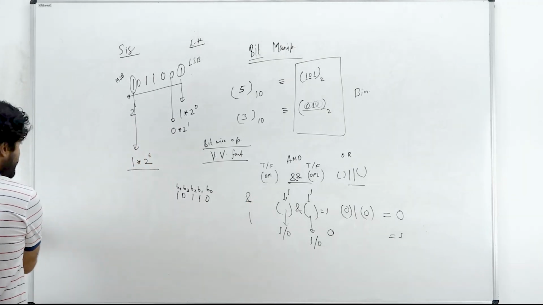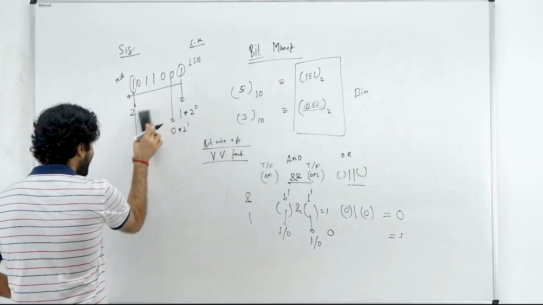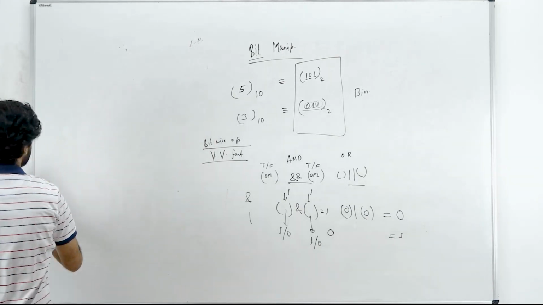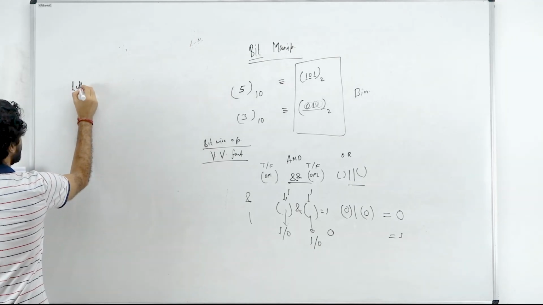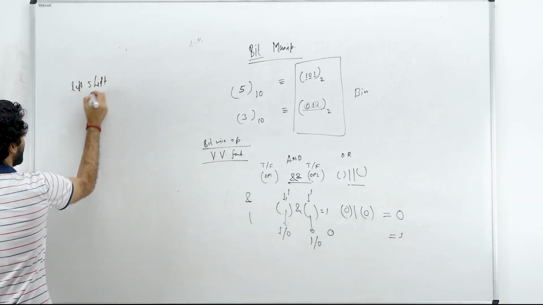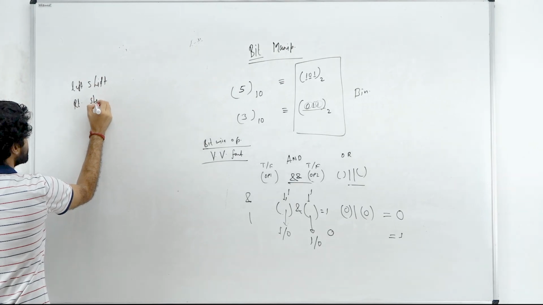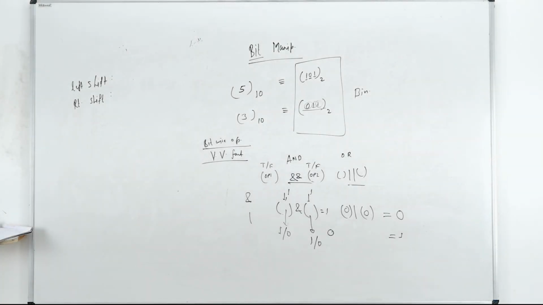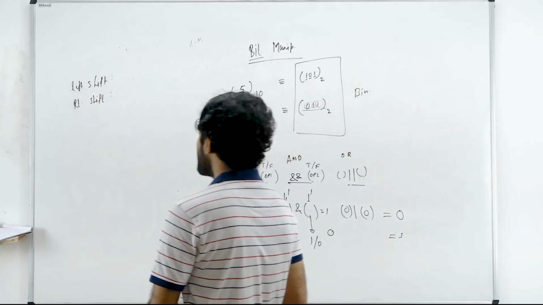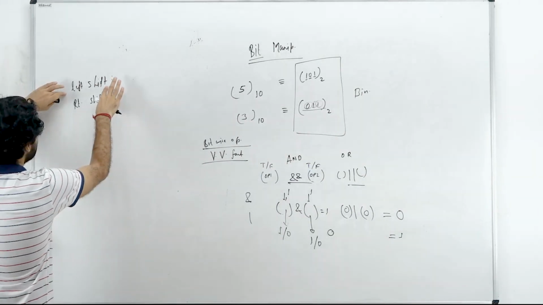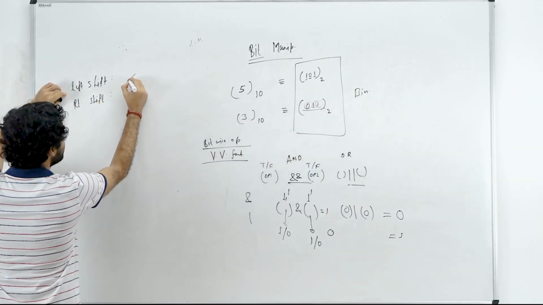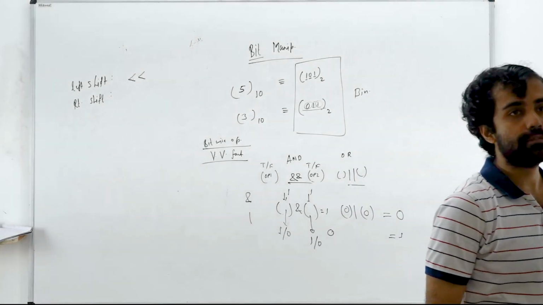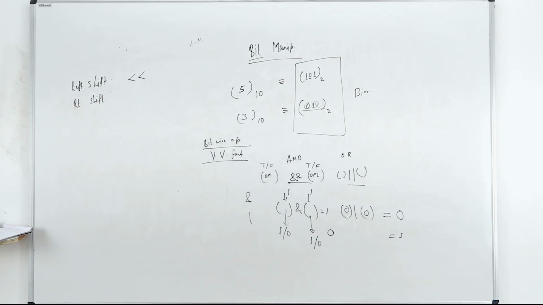Now let's move ahead from here. Now the two very important operators, in fact the most important that we'll be using, are left shift and right shift. These are very easy things. First of all, this is denoted by this sign. Have you seen this sign before? Where is it used? cout, right?